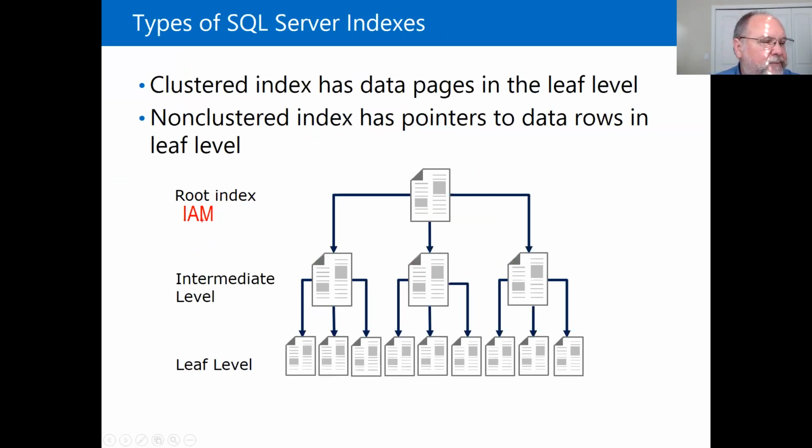And the IAM page contains a list of all of the other pages and the records found on them. Now, in a smaller table, this one IAM or root index page can contain a pointer to every possible location.